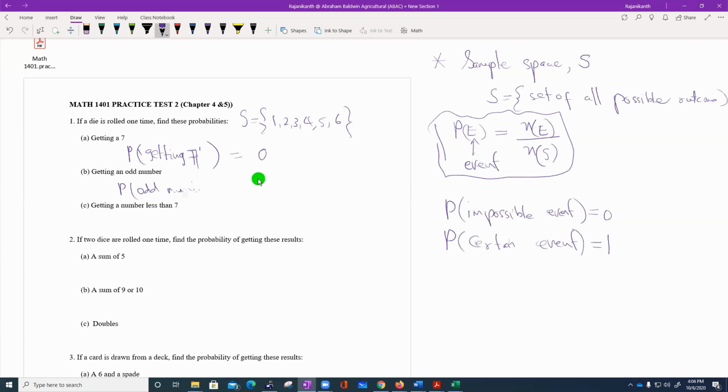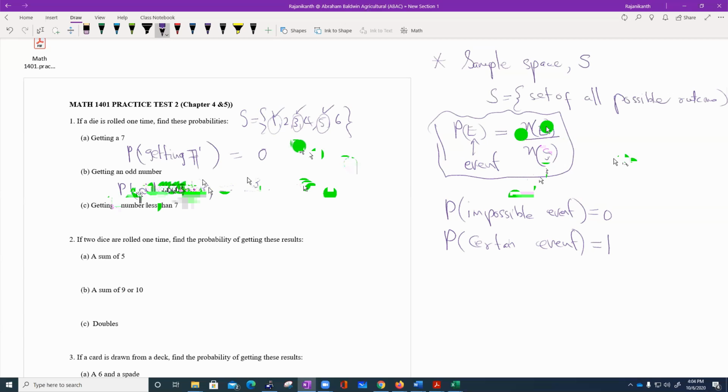So now the probability of getting an odd number, right? So remember, if you want to get the odd number, ask yourself, what are the possible odd numbers you may get? You may get 1, 3, or 5, right? So there are 3 possible outcomes you may get for the given problem. That is 3, right? I'm using this formula, the number of outcomes from your particular event.